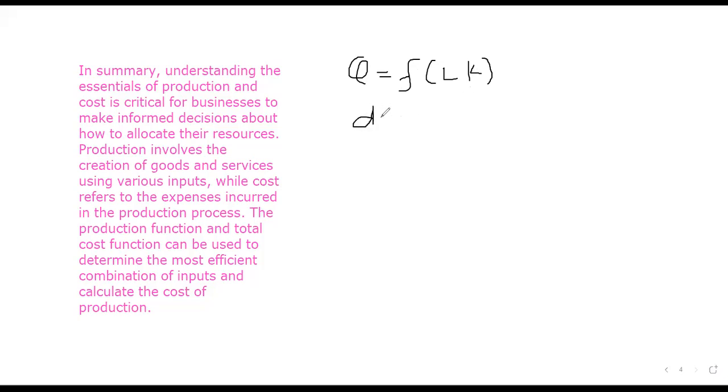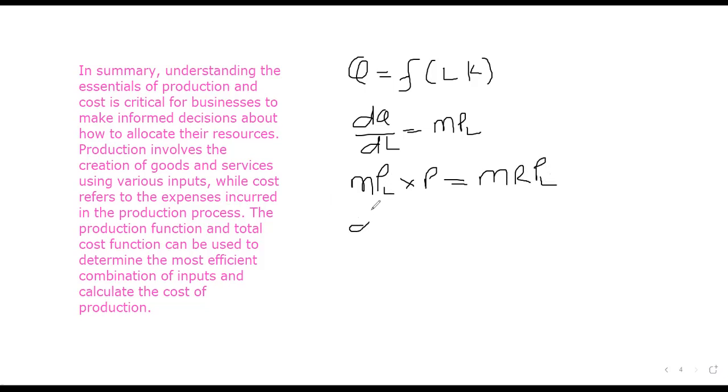So if we differentiate the Q over the L, we call this the marginal product of labor. If we multiply the marginal product of labor times the price, we get what we call the marginal revenue product of labor. If we differentiate our quantity with respect to capital, we call that the marginal product of capital.